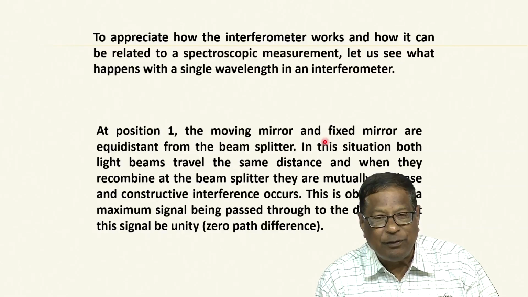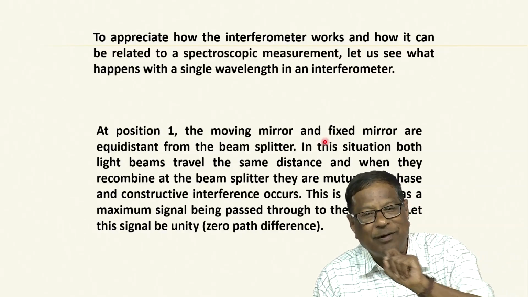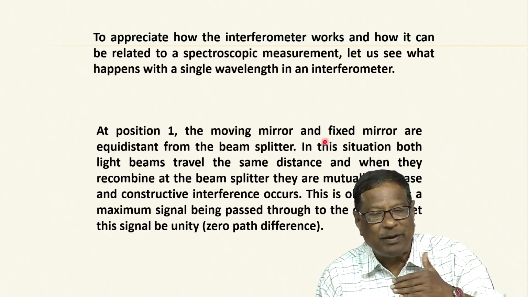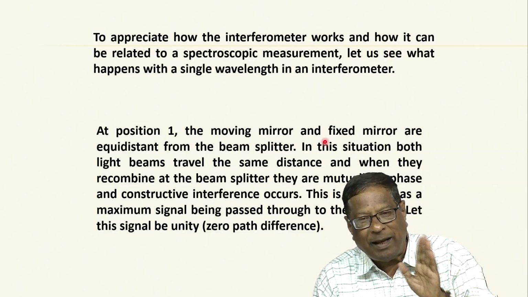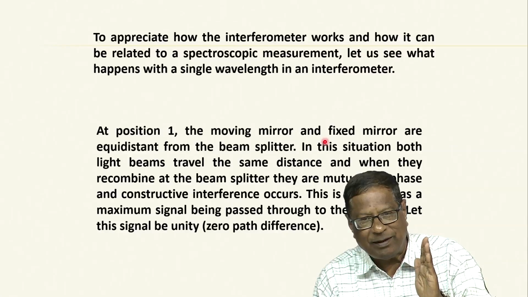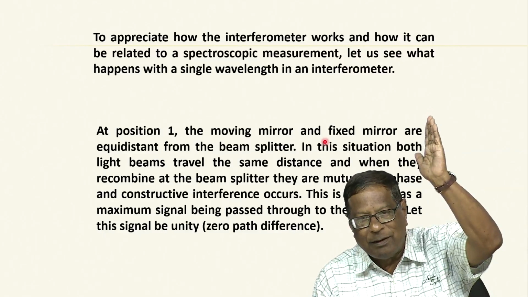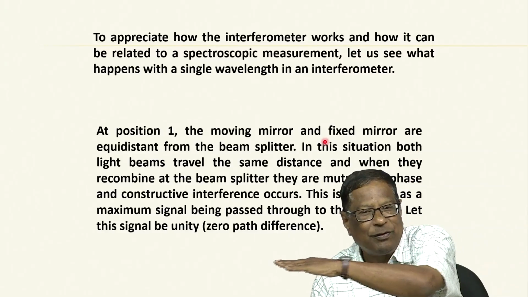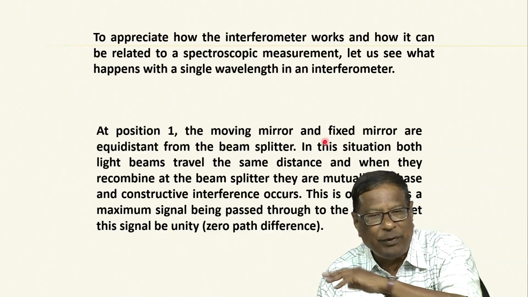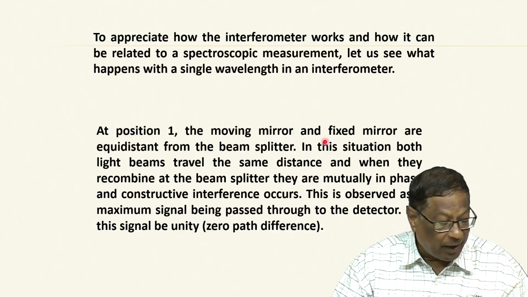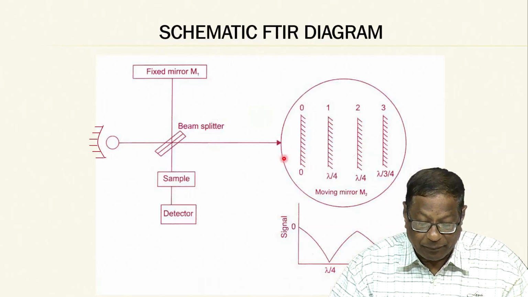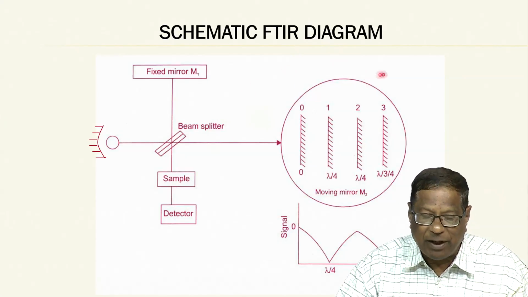Okay. Now, assume that I am passing only one wavelength from the source onto the beam splitter, and 50% of that single wavelength intensity goes to the fixed mirror, 50% goes to the moving mirror. Now, I want to show you this picture. This is the schematic FTIR diagram.